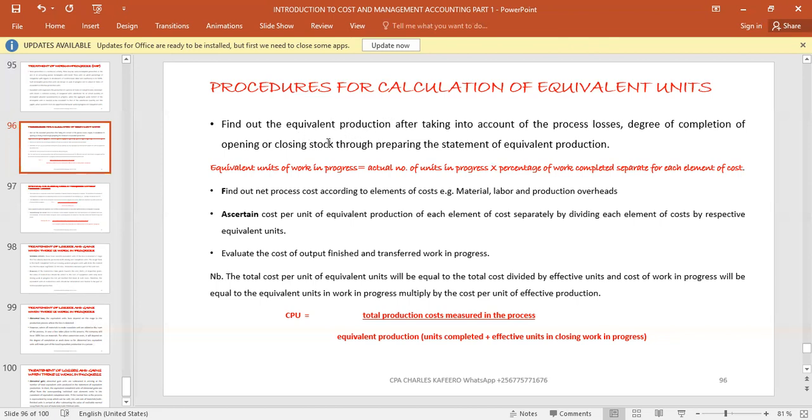So if you get the equivalent production wrong, then the whole of these ones are going to be wrong, because you can't get this one wrong and expect to get the cost per unit, because for the cost per unit we are dividing the total costs by the equivalent production. And if you get it wrong, you get everything totally wrong.